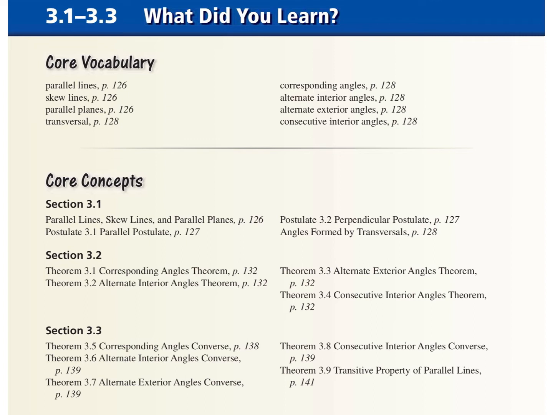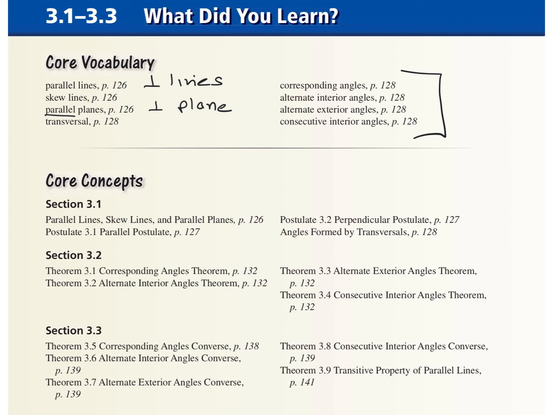So we learned about parallel lines, skew lines. We also learned about perpendicular lines. So know how to identify parallel, perpendicular, skew. Same thing with the planes. Be able to identify a parallel plane or even a perpendicular plane. And then also know what a transversal looks like. And then here are our 4 special angle pairs.